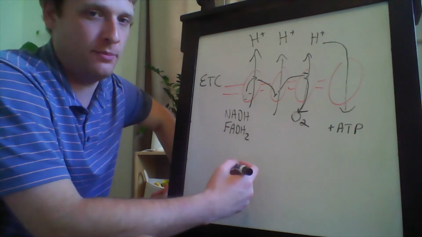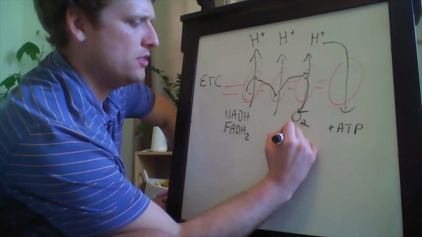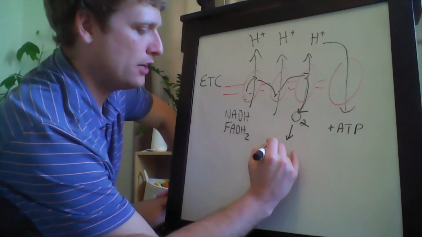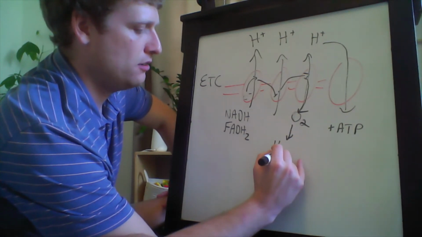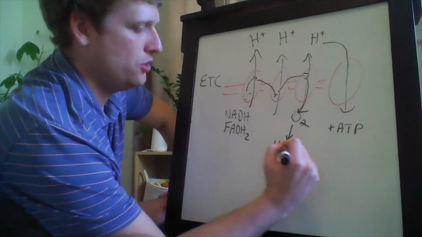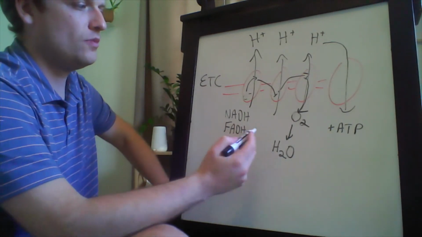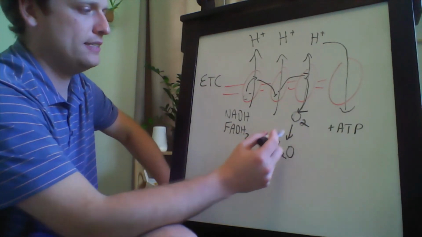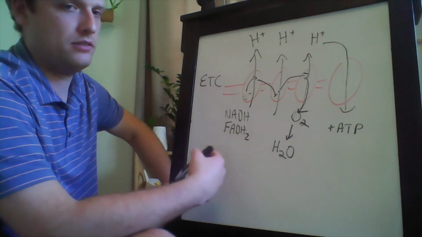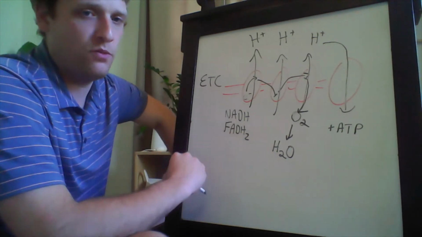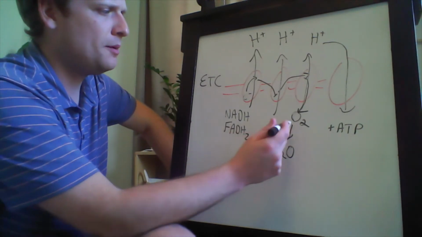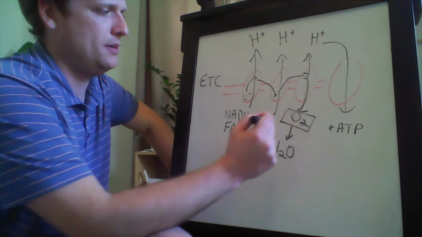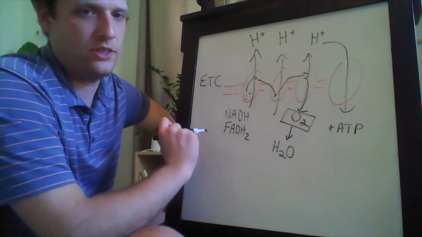Oftentimes a hydrogen comes with it. So that oxygen gaining that electron is going to make H2O. So oxygen gains some electrons, it gains hydrogens, and it's going to produce lots of water. But you need that oxygen to be there for this process to occur at all.